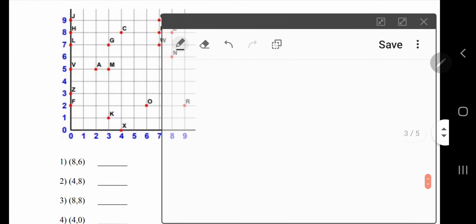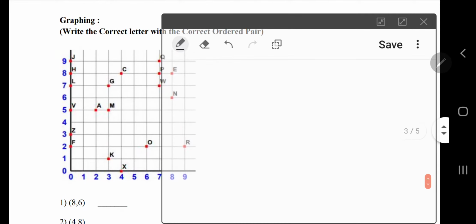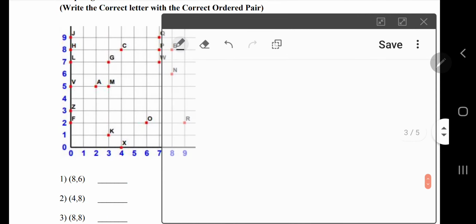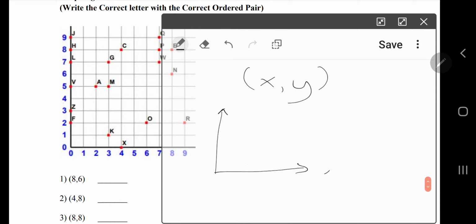Now we have graphing. So you have to match the letters with the coordinates. So remember that coordinates are written in x, y form. And in this graph, I'll just do an example graph. This would be the x, this would be the y.